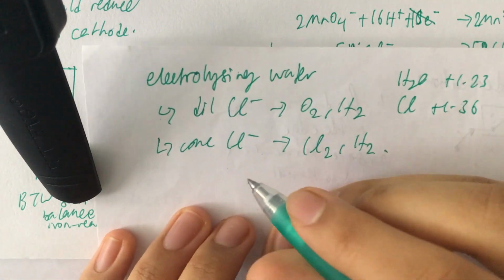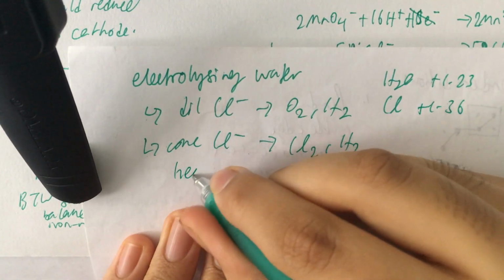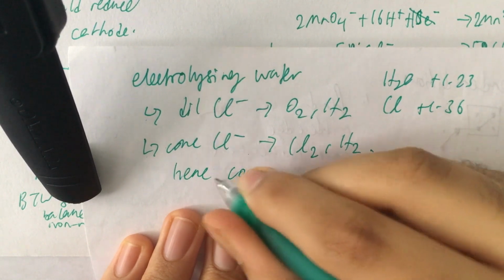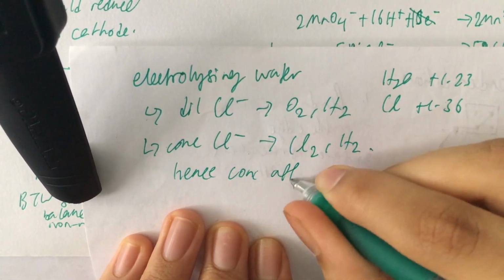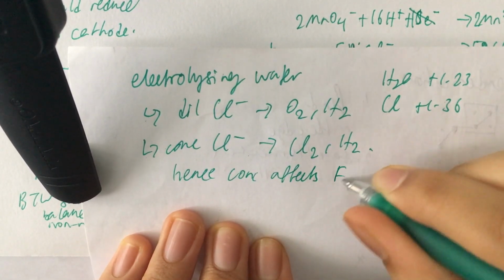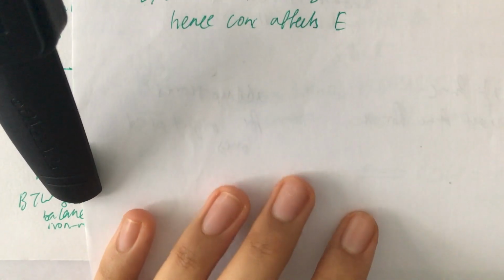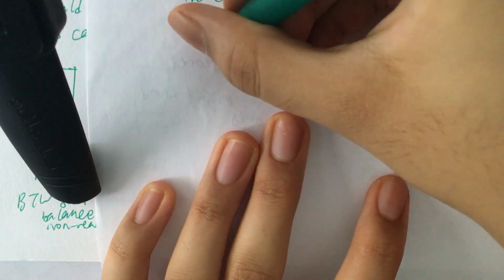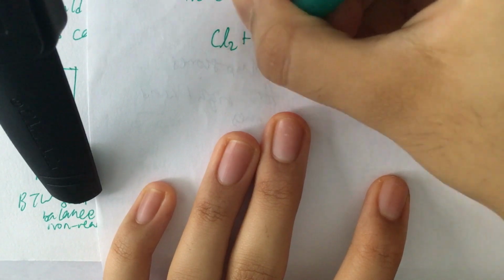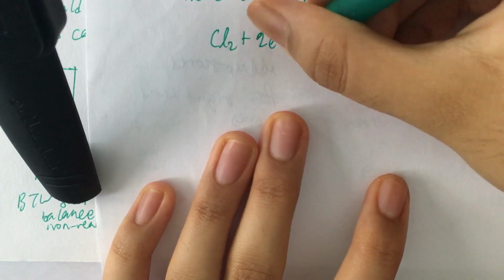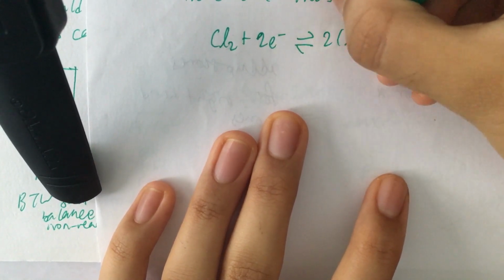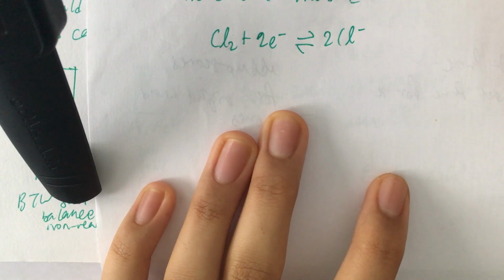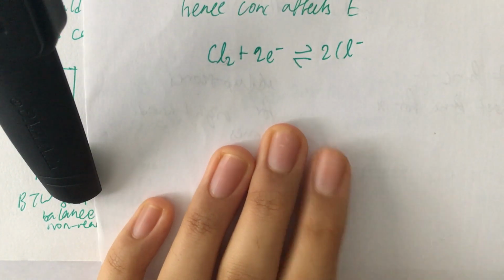So the chlorine one shows Cl2 plus 2e minus becomes 2Cl minus, and we know that the potential decreases as the thing becomes less oxidizing, as the reduction decreases. So as you can see here, we want the opposite to happen. We want oxidation to happen, so in order for it to happen, we need the potential to decrease.